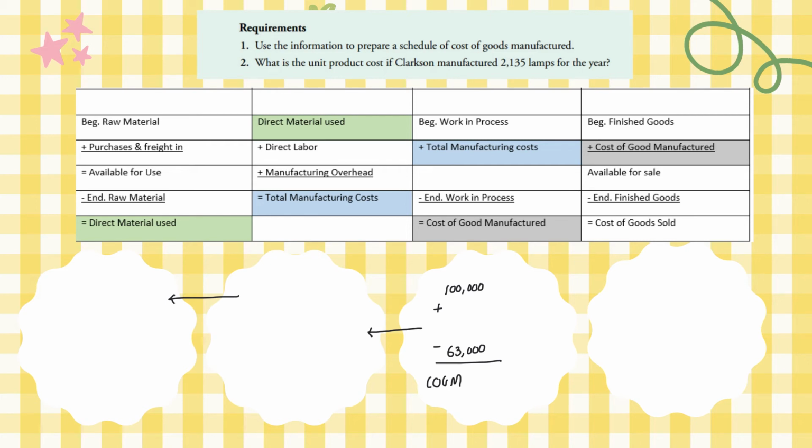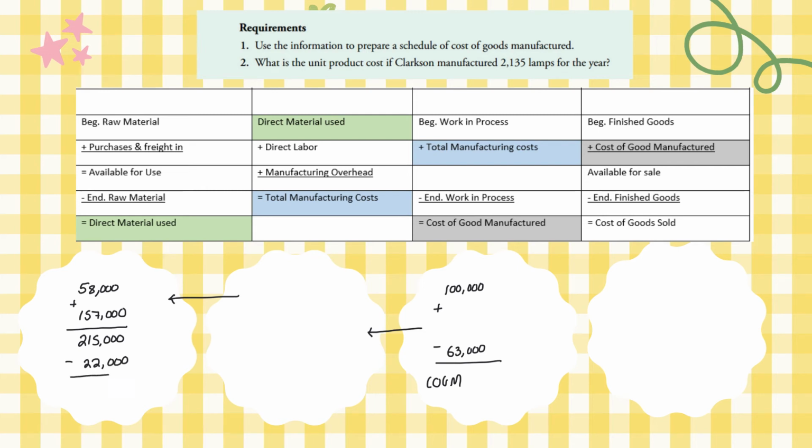Beginning raw materials is 58,000. I'm going to add to it purchases and freight in. It's given in the other information data. The second item is 157. I don't have any freight in this question, so I'm going to consider it as 0. So 58 plus 157 is going to be 215. This is a subtotal. Less ending raw materials inventory, which is 22,000.